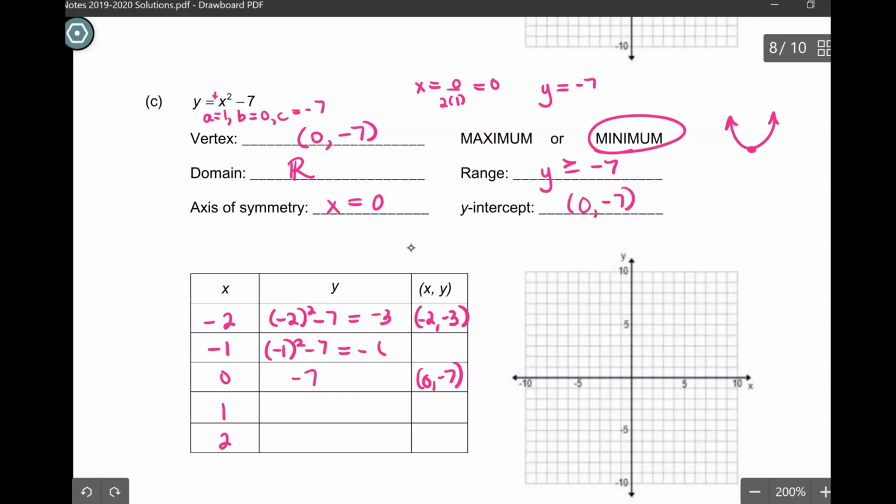So that's 1 minus 7, which is -6. 1 squared minus 7 is -6. And 2 squared minus 7 is -3. So -2, -3, -1, -6, 0, -7, 1, -6, and 2, -3.